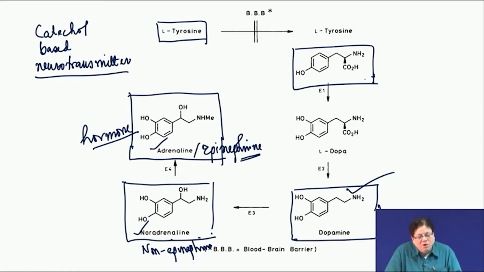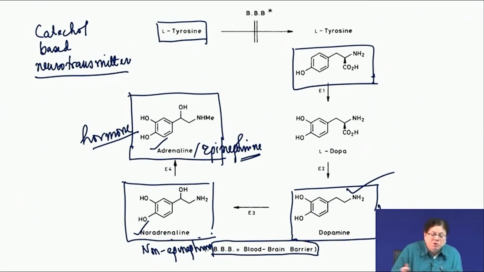There is what is called a barrier from blood to brain, and that is called the blood brain barrier. Not all molecules reach the brain from the blood. Okay. And L-tyrosine crosses the blood brain barrier and then reaches the brain.